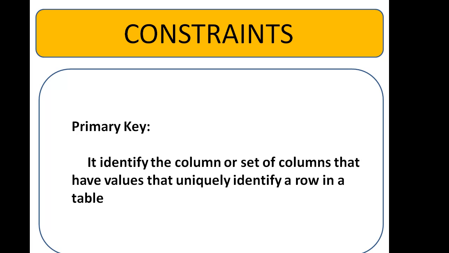So it's also unique plus referential integrity: identifying the rows in the table and referencing another table. So we can assign this primary key to the set of columns that have values that uniquely identify a row in a table.